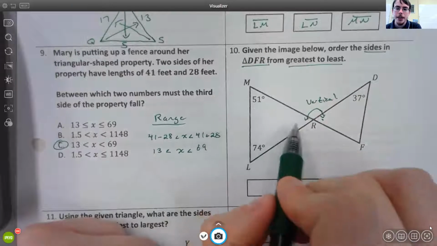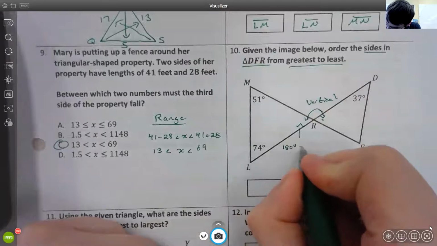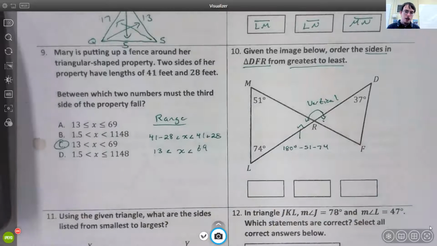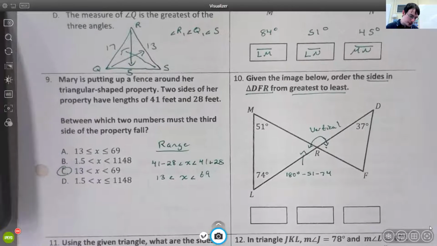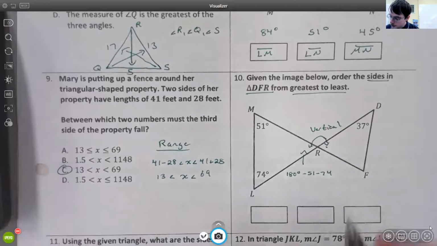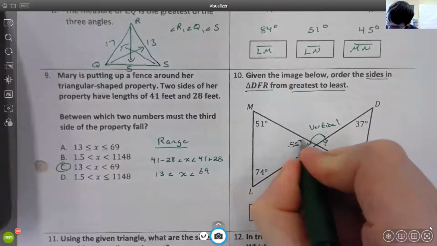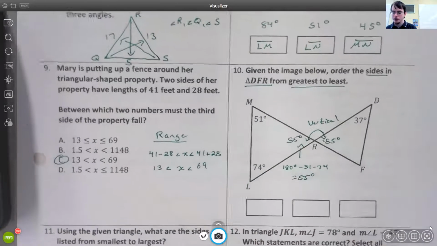Well, to determine this angle here, I have to take 180 and subtract 51 and 74. So 180 minus 51 minus 74 is 55 degrees, which means that this is 55 degrees.